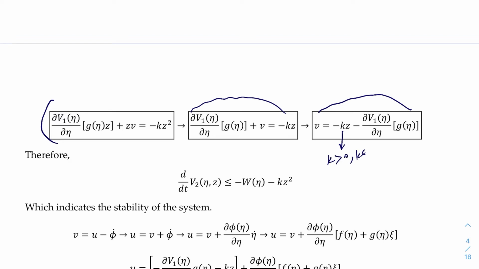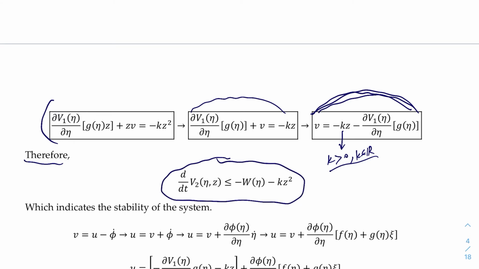Okay, just a positive real number, just a design parameter or something. Okay, we can write explicitly v, our control algorithm of the transformed problem. Okay, therefore we can write this.